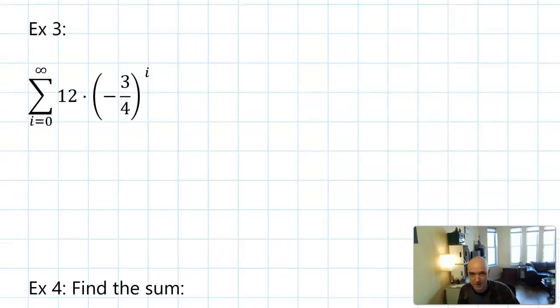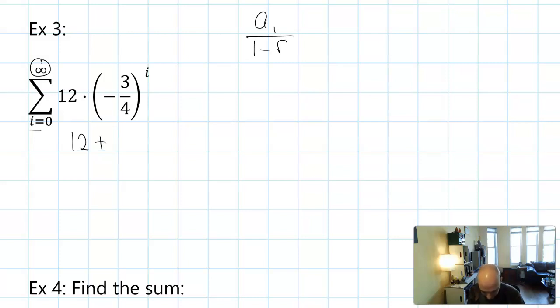All right, a couple more examples. I think the numbering is continued from the previous video, so we'll call this example 3. It's an infinite sum. I need to use the formula a1 over 1 minus r, and I need to check a couple things. First, let's list the terms out. If i equals 0, that's my first term, so the first term would be 12 times 3/4 to the 0.